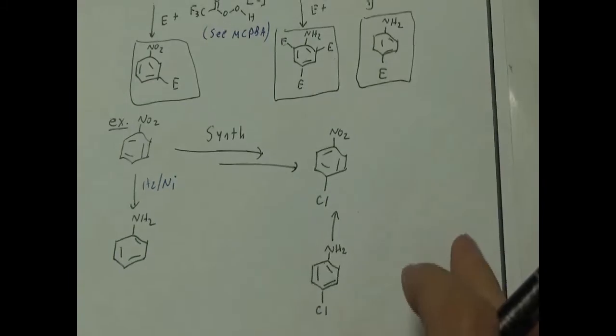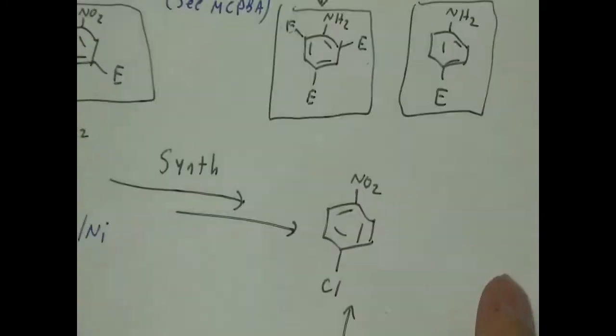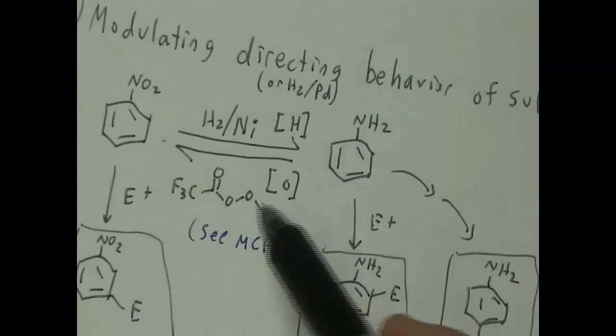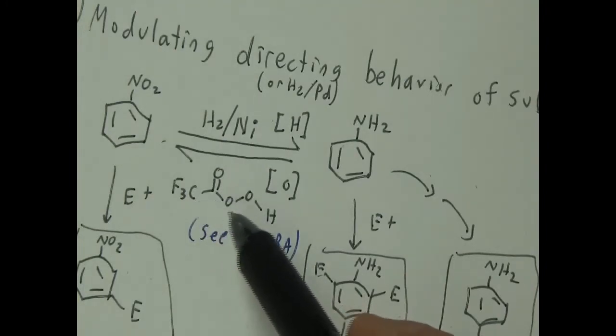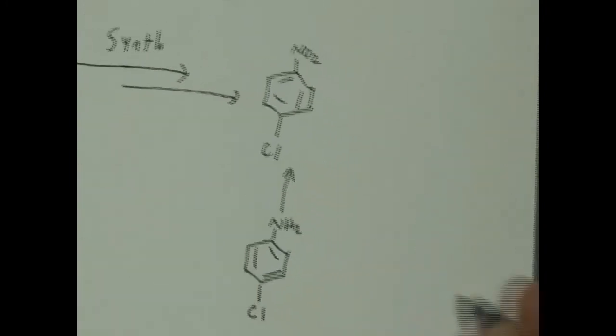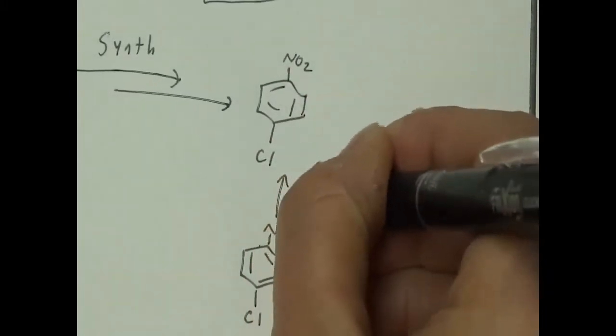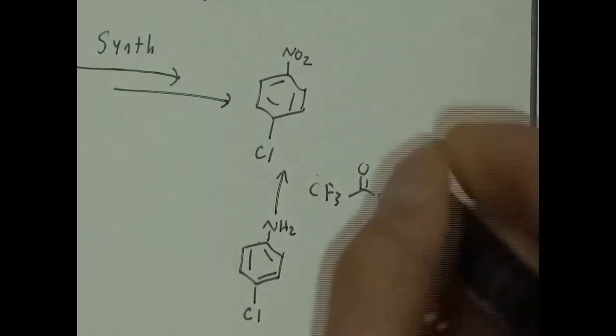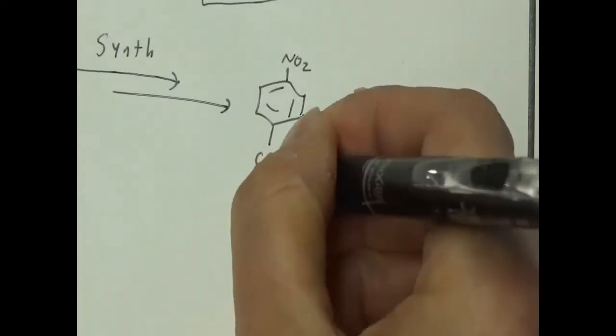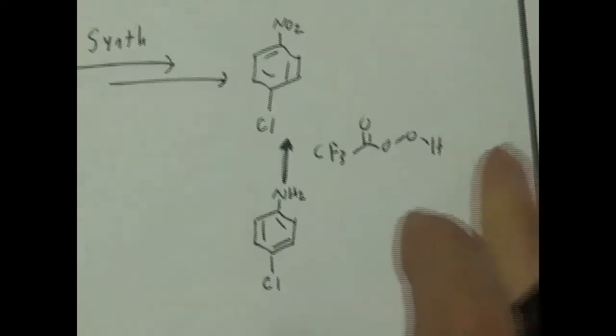What's the oxidizing agent? Well, we look up here in our little notes. That's the oxidizing agent, the trifluoro C double bond O, OOH. So CF3CO3H. Cool.